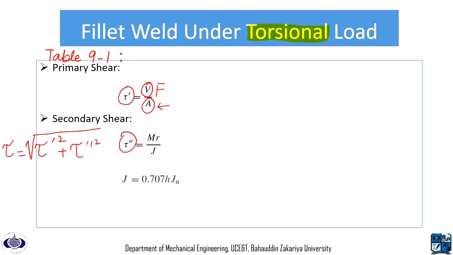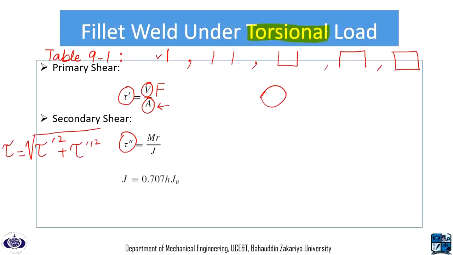Now the weld profile can be different. If the weld is only on one side, then it is going to look something like this. If the weld profile is on two sides, then it is going to look like this. If it is on three sides, it may look like this or may look like this. Both are the same. Or it can be all around our weld.